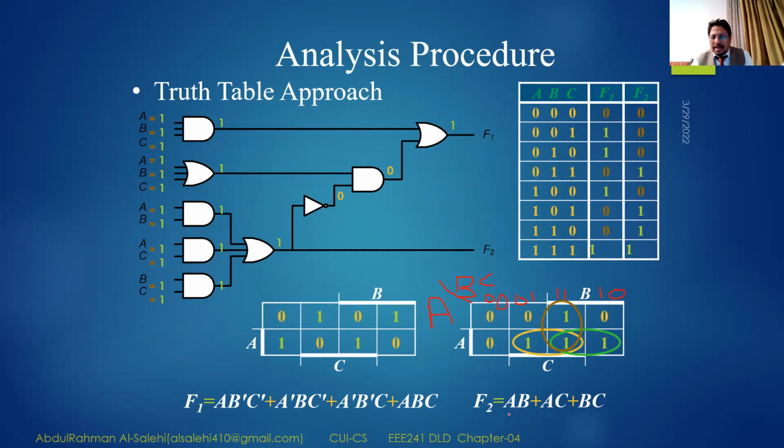Then come to the second group. Take these 2 adjacent squares. Which one is fixed? Here, C is fixed, because here C is 1 and here is 1, while B is different, so it will cancel out. What else is fixed here? A is fixed, so it is AC.